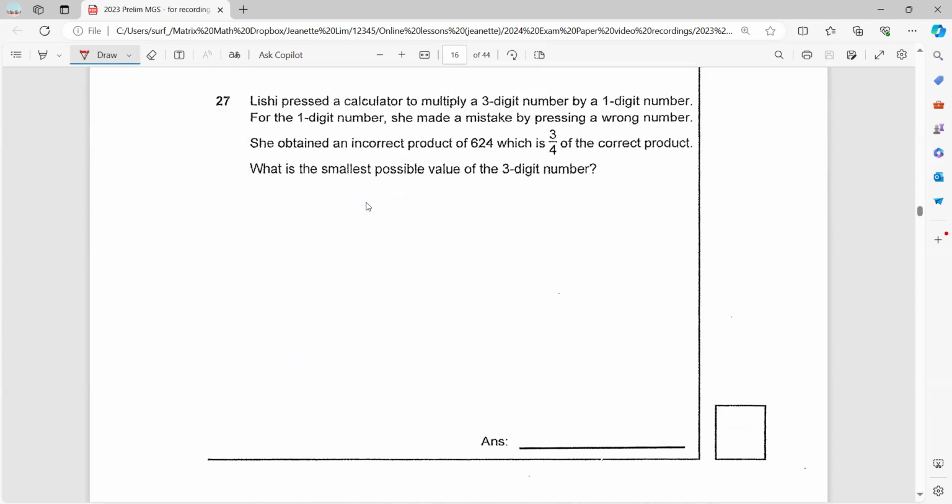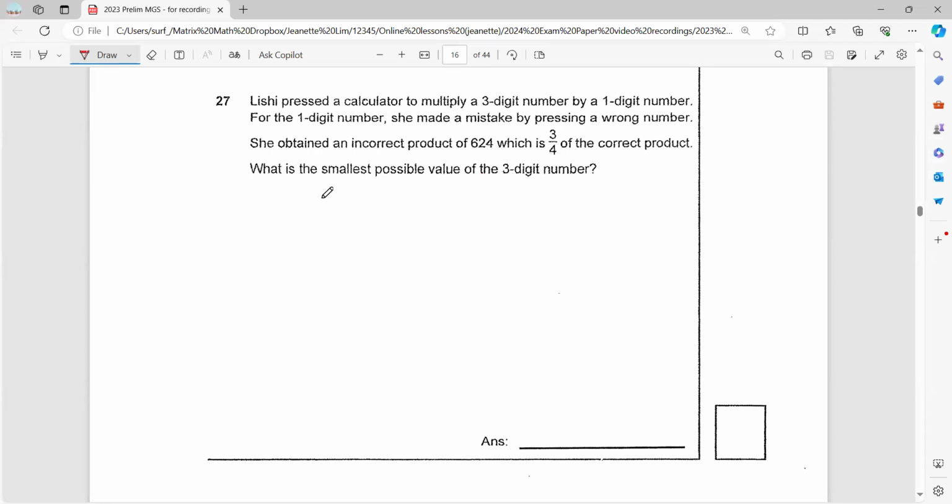Question 27. Priscilla pressed the calculator to display a 3-digit number multiplied by a 1-digit number. For the one-digit number, she made a mistake by pressing a wrong number. So she obtained an incorrect product, 624, which is 3/4 of the correct product.